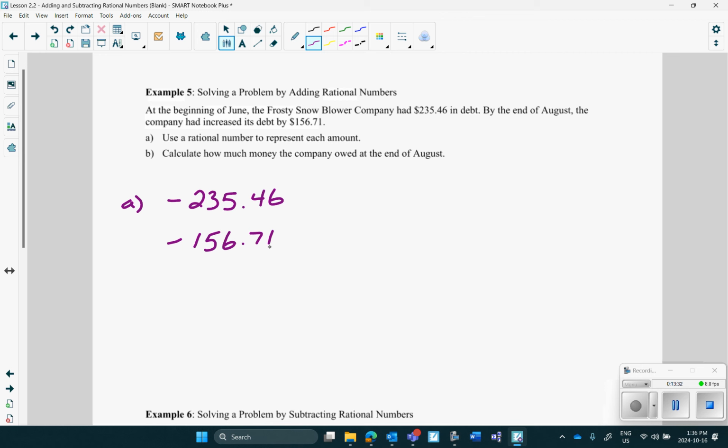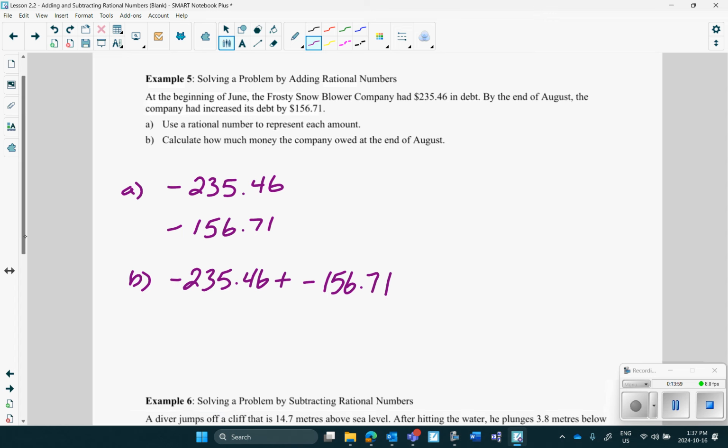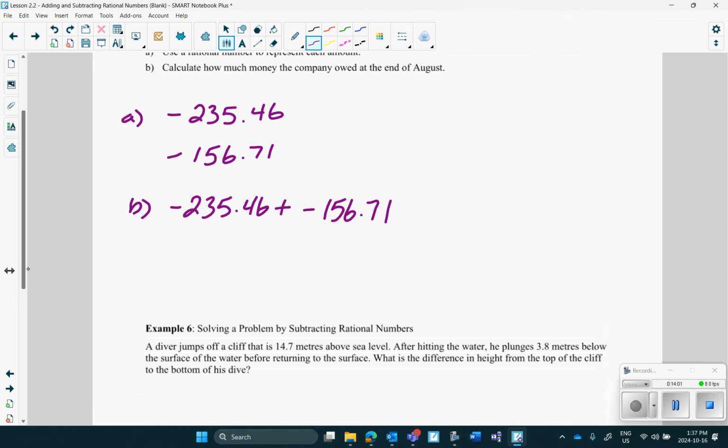So to calculate how much money they are in debt, we would have to go negative 235.46, add negative 156.71. You're taking the initial debt they had, negative 235.46. You're adding the further debt, 156.71, to calculate the total debt, which obviously must be a negative number.